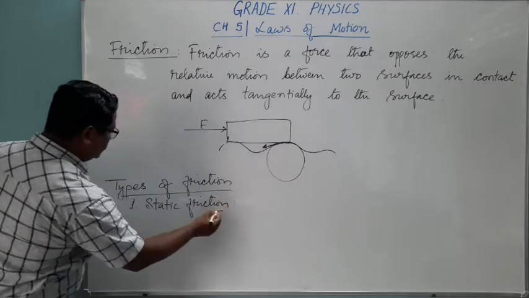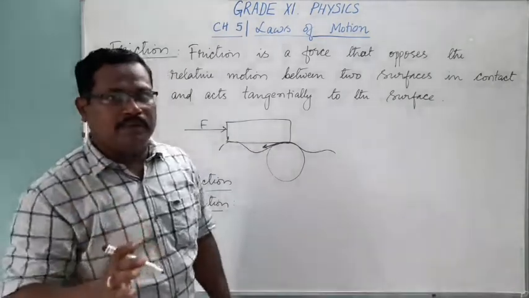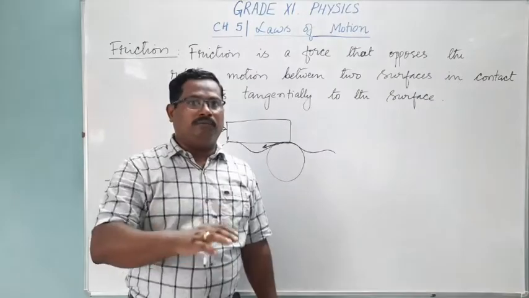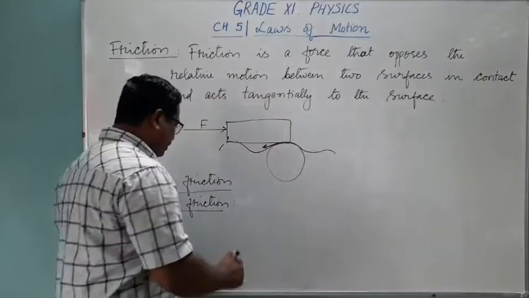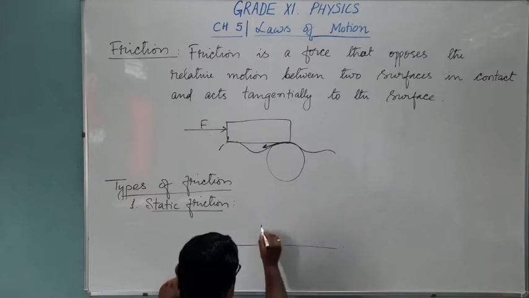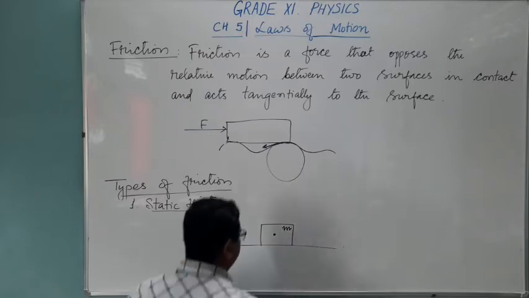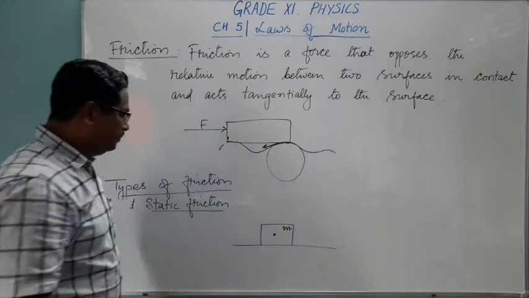It is that force of friction which is exactly equal to the applied force when a body is at rest. Suppose this is the surface, and you are going to move this body. When this body of mass m is at rest, it does not have any static friction.